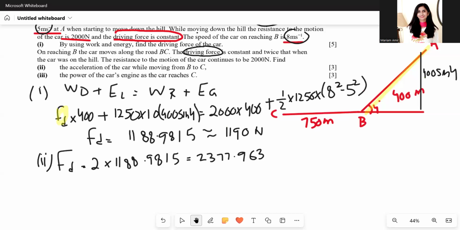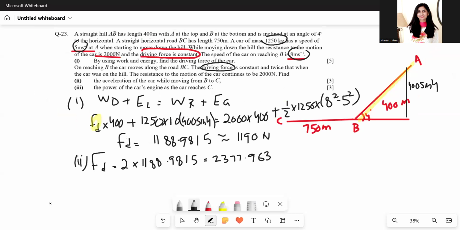So we're going to use the formula forward force minus backward force is equal to ma. Forward force will be the driving force. The backward force would be the resistance.